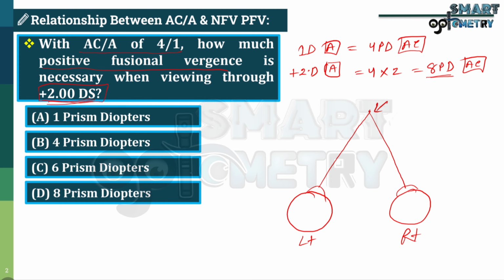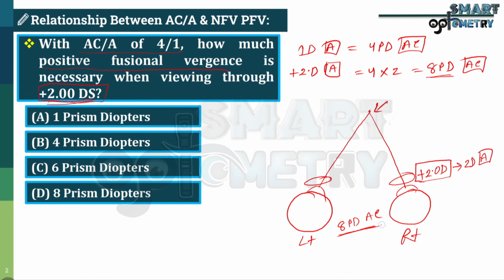Now if a +2 diopter lens is given before the eye, it will relax 2 diopters of accommodation, and due to the relaxation of accommodation, accommodative convergence will also be relaxed, and 8 prism diopters of accommodative convergence will be relaxed.